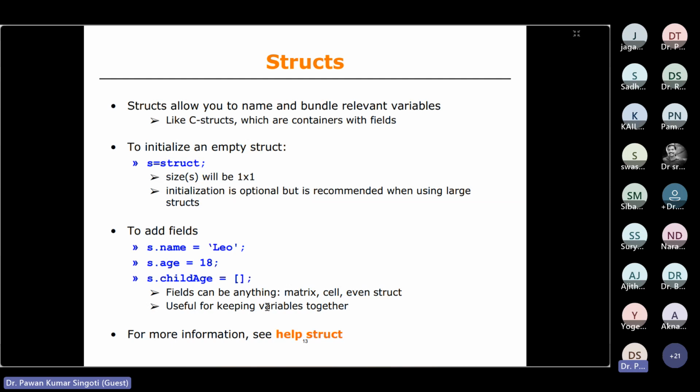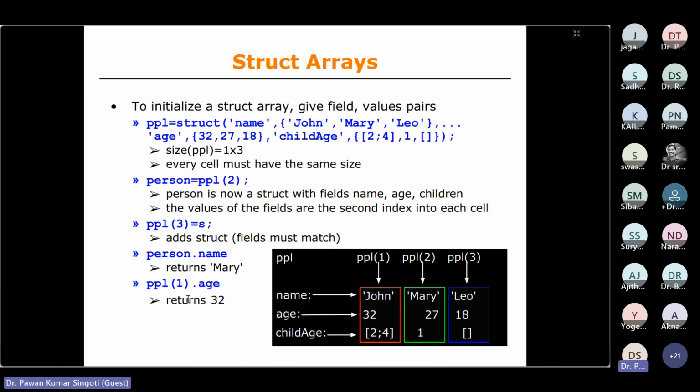It can be any field: s dot name can be Leo, s dot age the age of Leo, s dot child age in a matrix. A field can be anything: matrix, cell, or even struct. This is useful for keeping all the variables together. For more information, you can go through help struct.